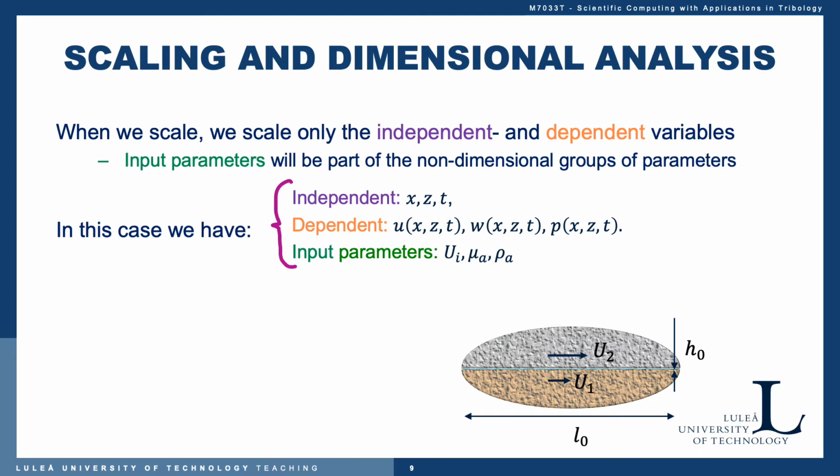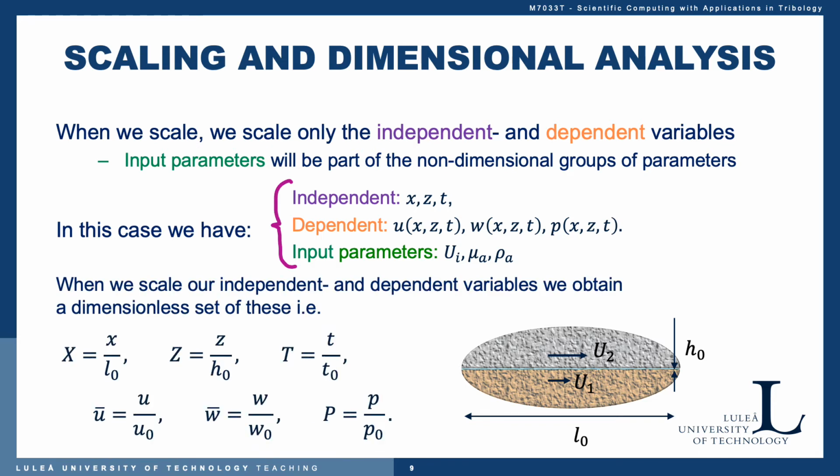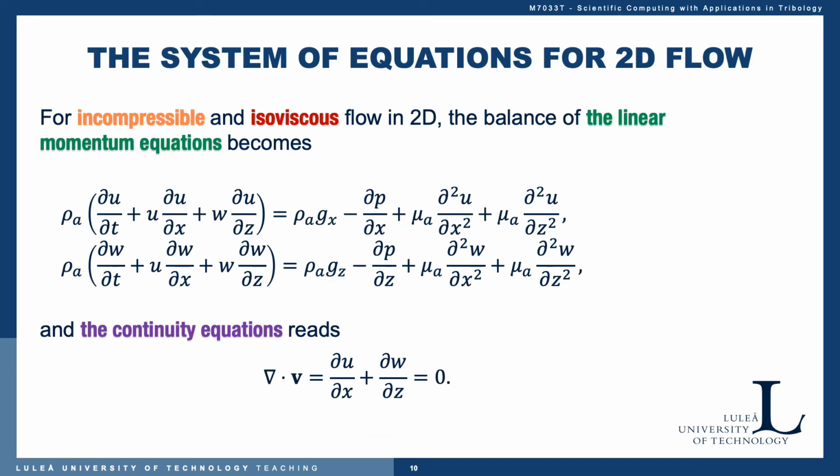Dependent are u, w, and p for an incompressible fluid, I should also say. And input parameters are the velocities of the surfaces, the ambient viscosity and the ambient density. And we can scale our independent and dependent variables with this set of reference parameters.